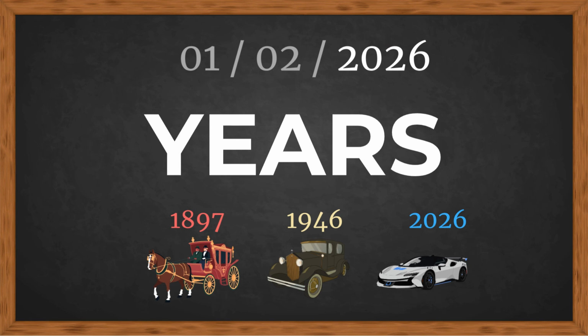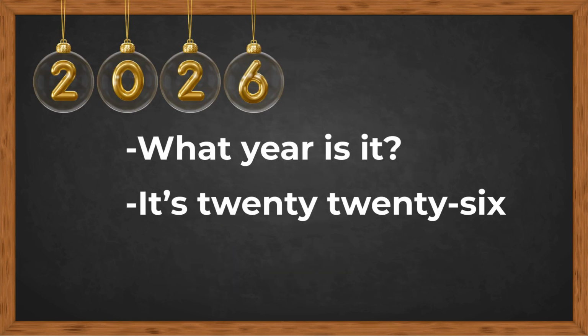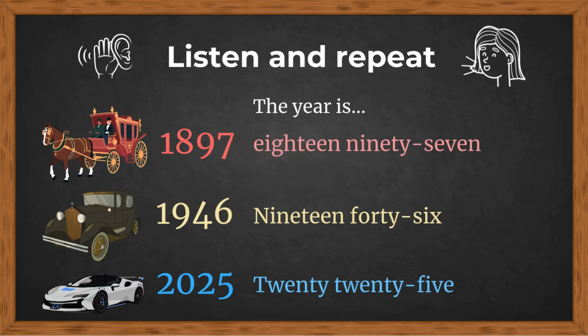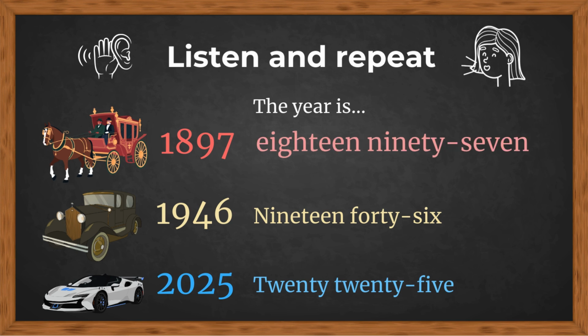Now we move to the year in a date. In our example date, the year is 2026. What year is it? It's 2026. Listen and repeat. The year is 1897.